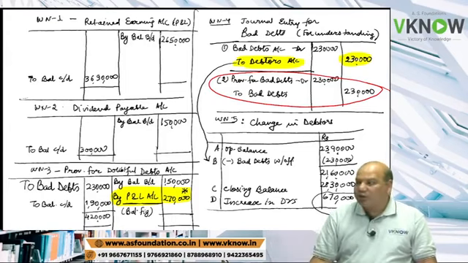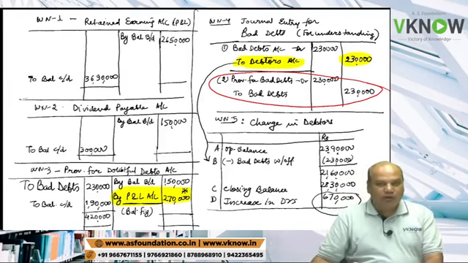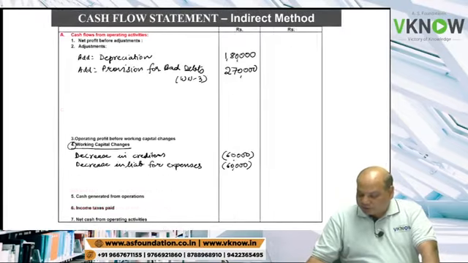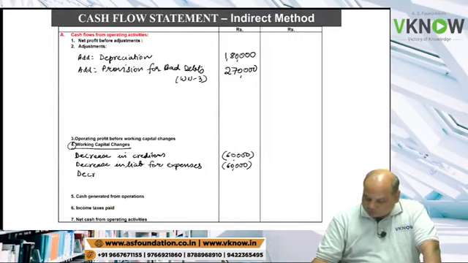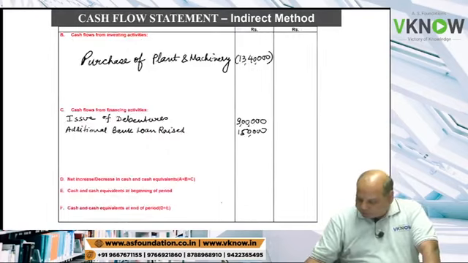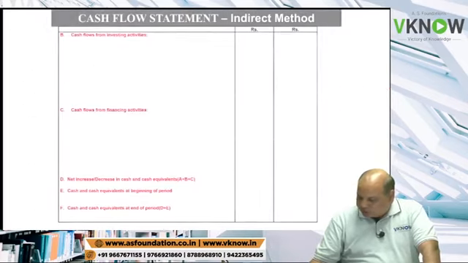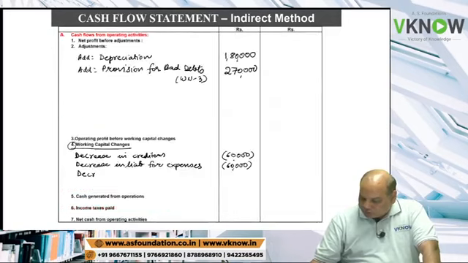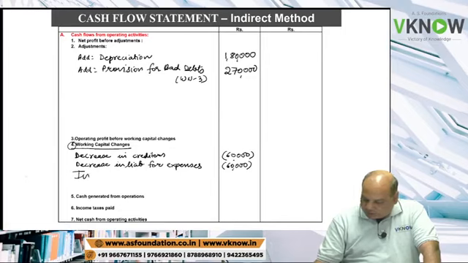This I will write in working capital changes. So we'll come to operating activity. Working capital changes, point 4. Is that decrease or increase? Let me just check. Increase. Increase in debtor. So write down increase in debtor.